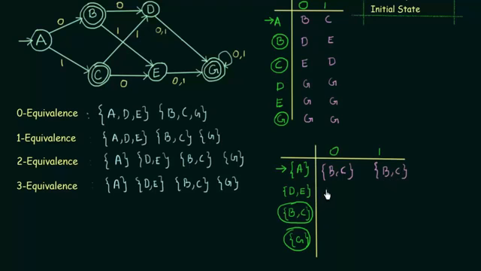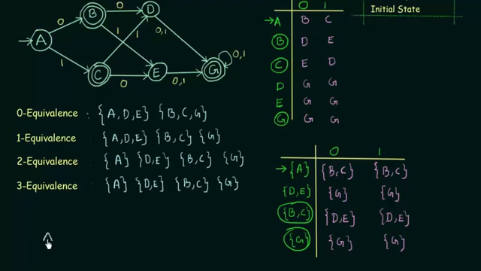And in the same way, DE on input 0, it goes to state G. And on input 1 also, it goes to state G. And BC on input 0, it goes to DE, and on input 1 also it goes to DE. Okay, and state G on input 0 it goes to G itself, and on input 1 also it goes to G itself. Okay, so here we have completed the transition table, and now let me draw the transition diagram.